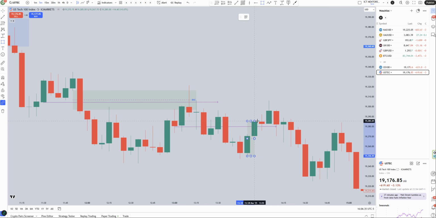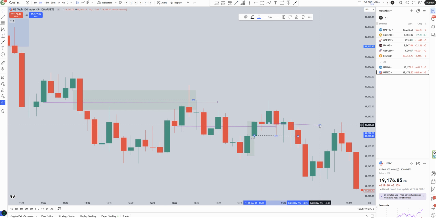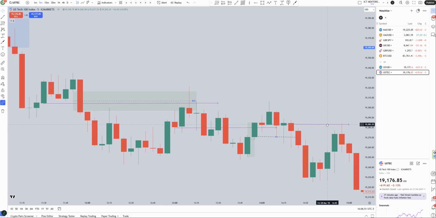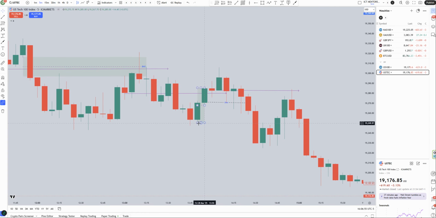Here, has an FEG, OB, 2 bar here, returns to the OB here, sell, exit here.